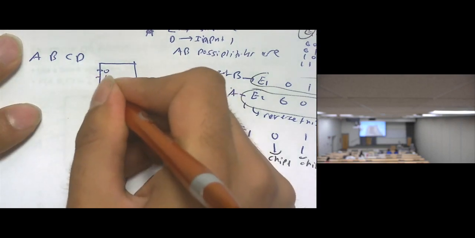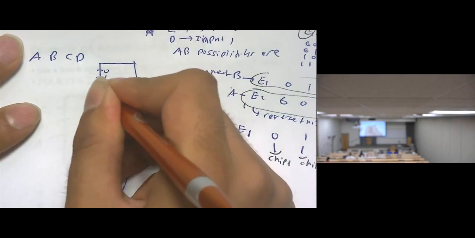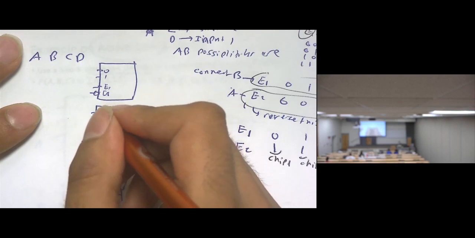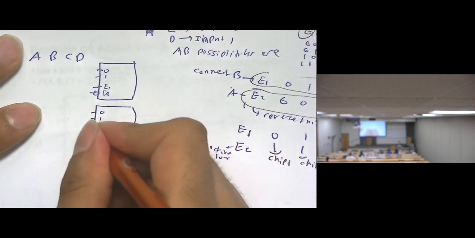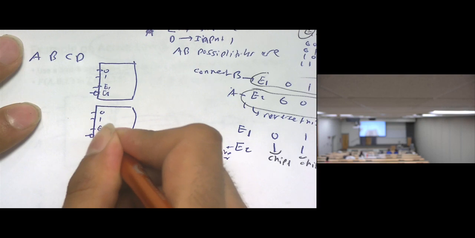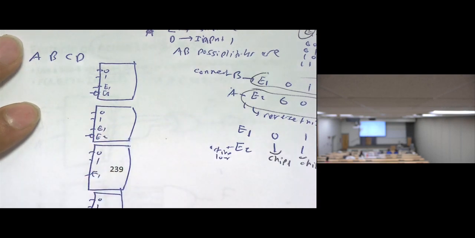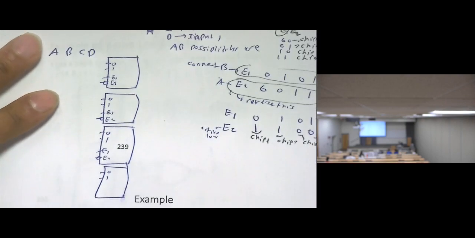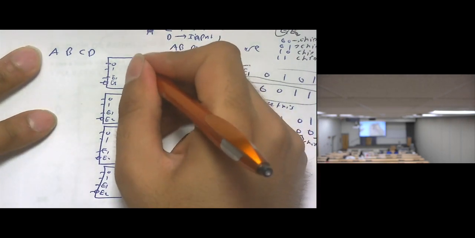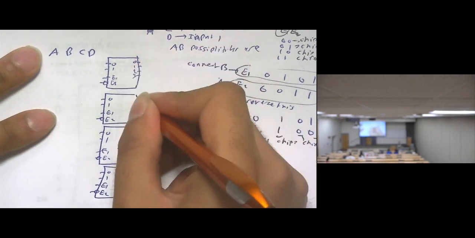And I have enable 1, enable 2, active low, on each chip. And we have 4 outputs, 0, 1, 2, 3, on each chip.